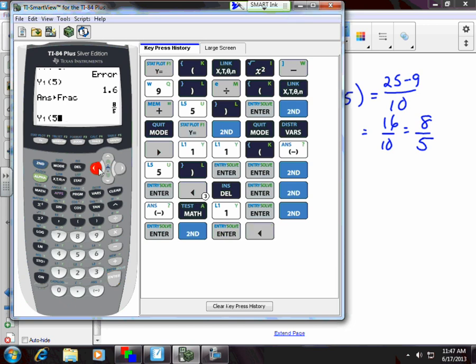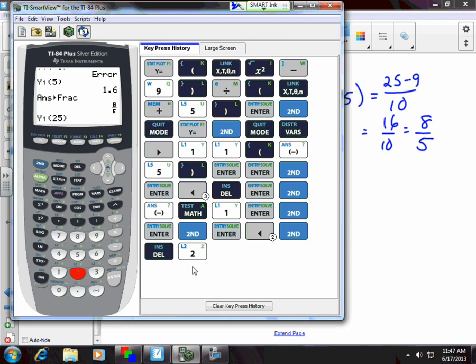Use the arrow buttons. Now, if I type a 2, it will just type over the 5. So I would like to insert a 2. So keep in mind there is an insert, which is a raised key. So second insert, and now I can type in a 2.